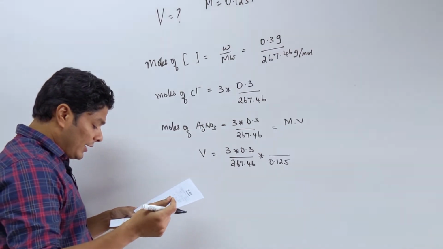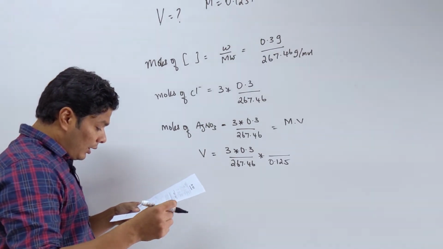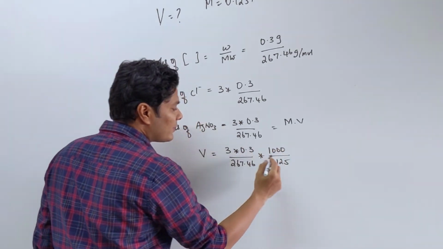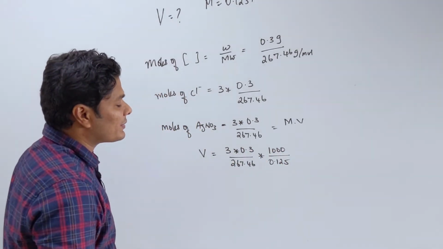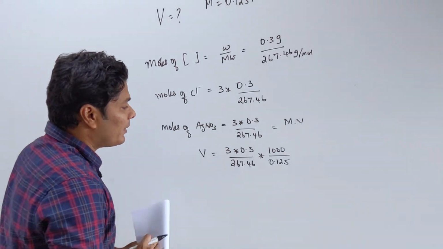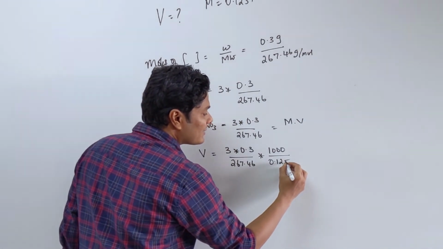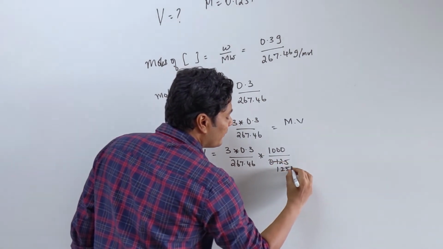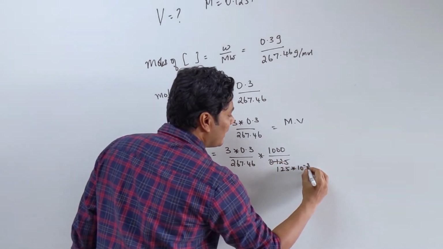Now you have to be careful here, they have asked you for the volume in milliliters, so times 1000. Without 1000 this would give you liters, now they will ask you in milliliters. Now we have to do this. What we can do is we can take it as 125 times 10 to the power minus 3.